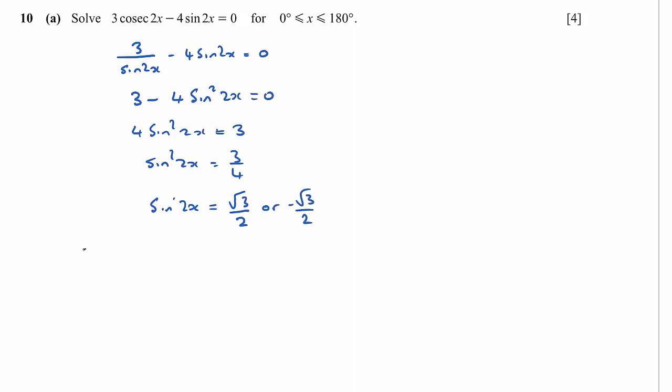So let's look at those separately. So sin 2x equals root 3 on 2, and sin 2x equals negative root 3 on 2.